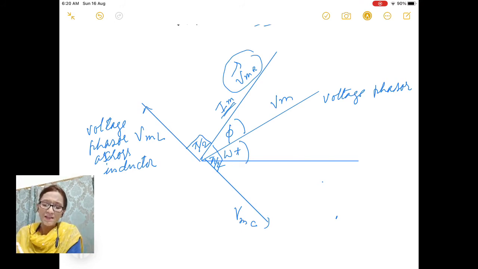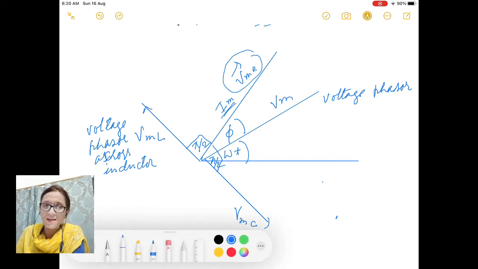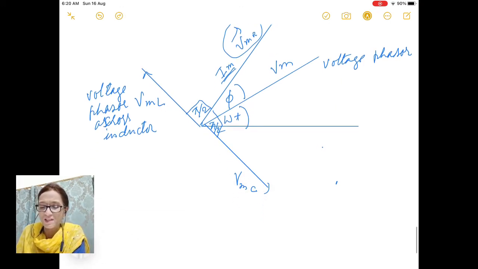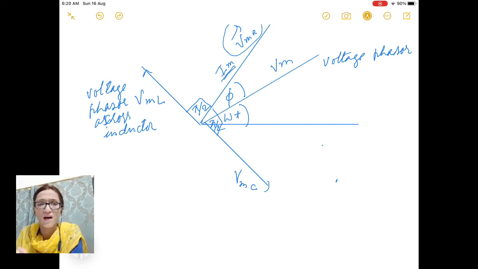So now all these are vectors. These voltage phasors are vectors. And we find the resultant of two vectors if they are in opposite direction. Suppose you have a 5 Newton force in one direction and in opposite direction you have a 2 Newton force. Then the resultant will be given by 5 minus 2, that is 3 Newton, along the larger vector.